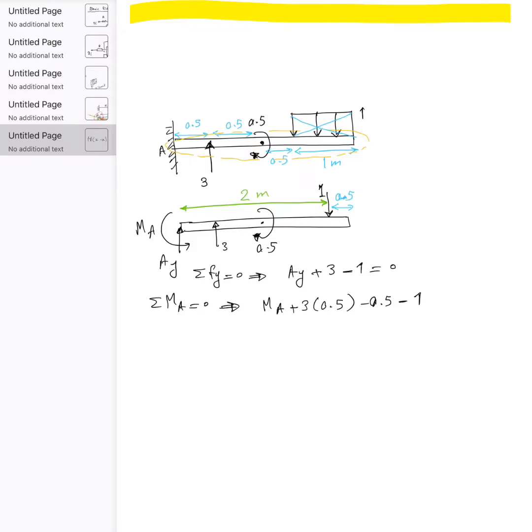Okay, so I should write here negative 1 times 2 is equal to 0.